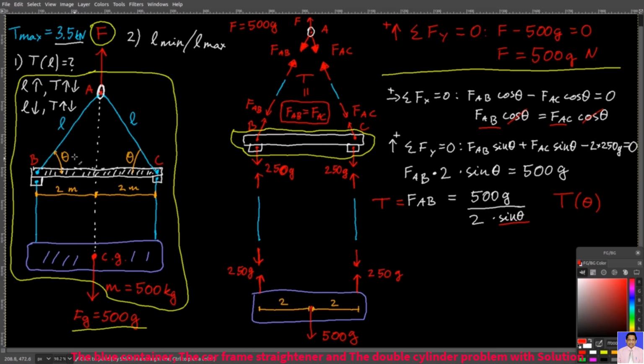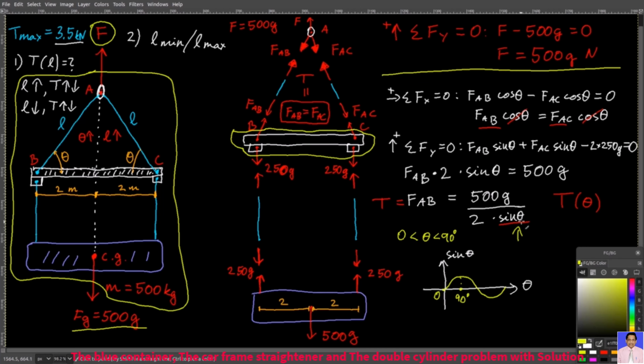Now, when theta increases, if theta goes up, then logically, your length goes up. So what happens when theta goes up? Well, our theta can range here, let's say, from 0 till 90 degrees. So this is your sine function. This is 0 degrees here. This is 90 degrees. So if theta goes up, then also your sine function will go up.